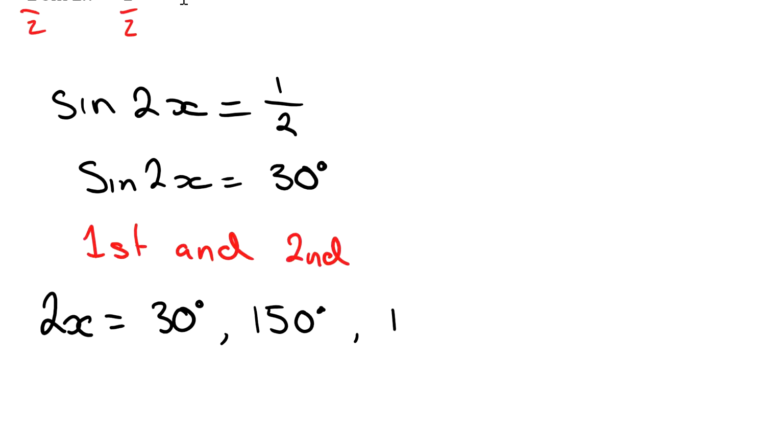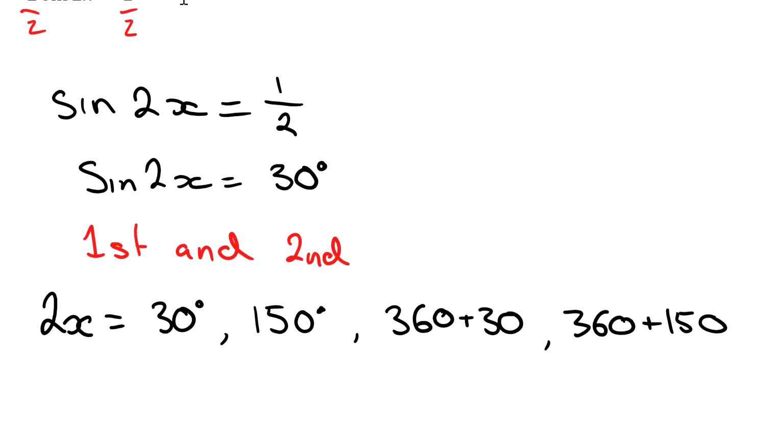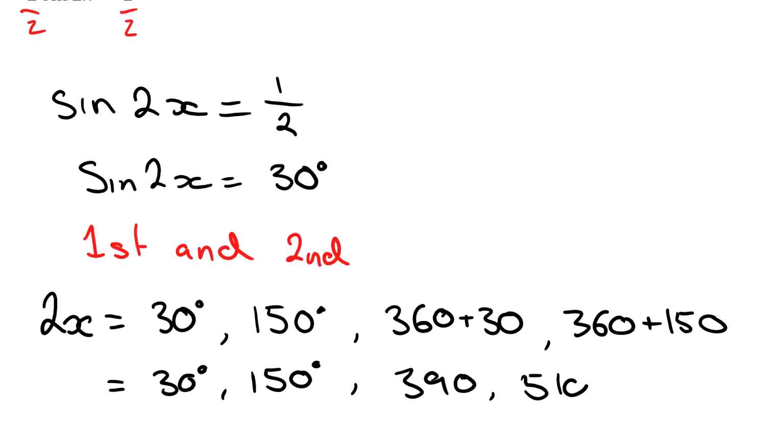So our next ones will be 360 plus 30, and then 360 plus 150. So we're left with 30 degrees, 150 degrees, 390, and 510. Now remember, first, second, first, second.